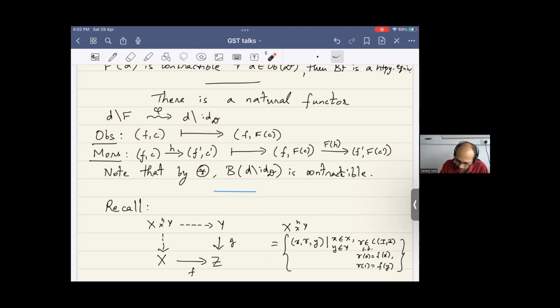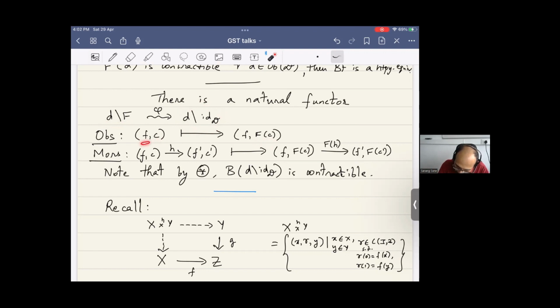Now, what does this involve? This involves objects of D, so that this little d has a map to that object. Yeah, that's basically what this category is. So if you start with an object in here, so something like f comma c, we know that after applying capital F, D has a map to F of c.